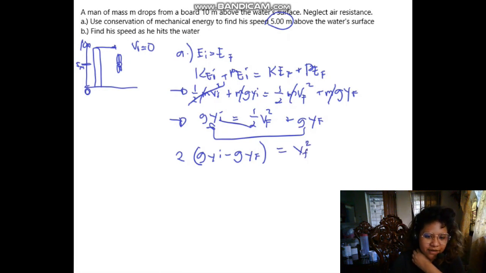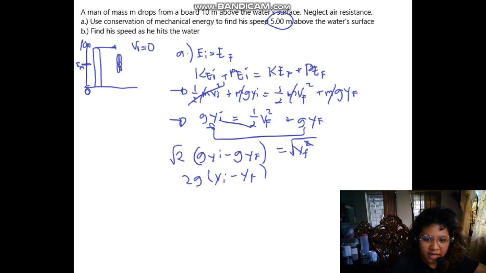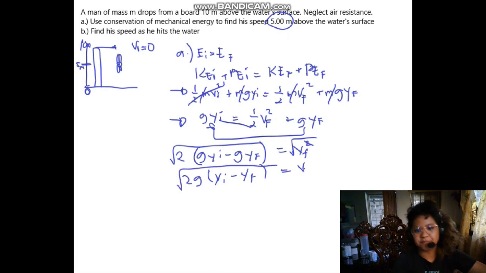And we can factor this: 2g multiplied by initial position minus final position is equal to v squared. Square root both sides to cancel the square, and that is equal to final velocity. This is the final formula we will use.